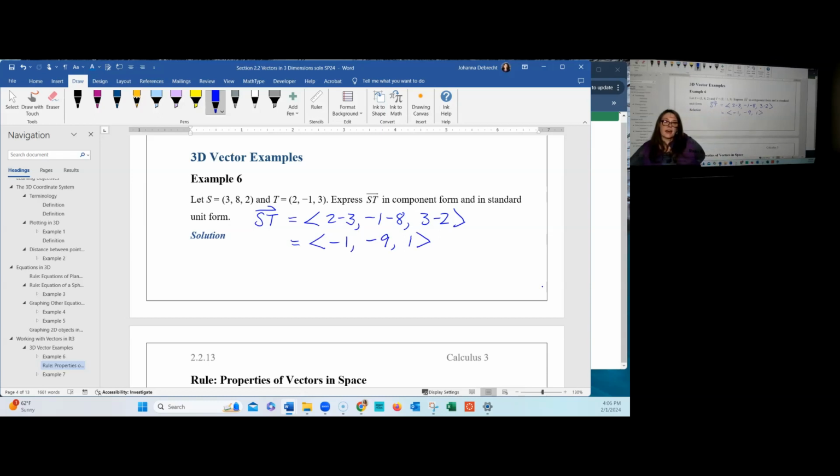And once we have that, we can put it in terms of the standard unit vectors, also called the standard basis vectors, i, j, and k. So this is the same as -i hat minus 9j hat plus k hat, right? Let's take a look at more.